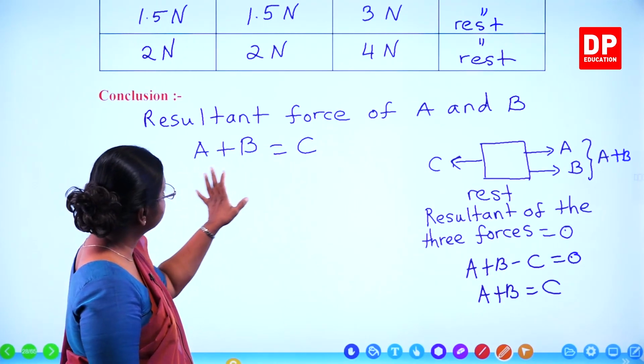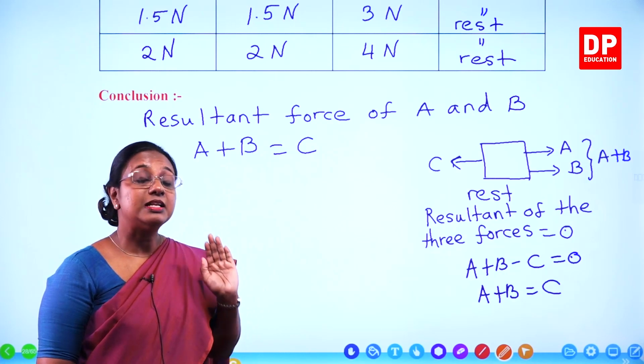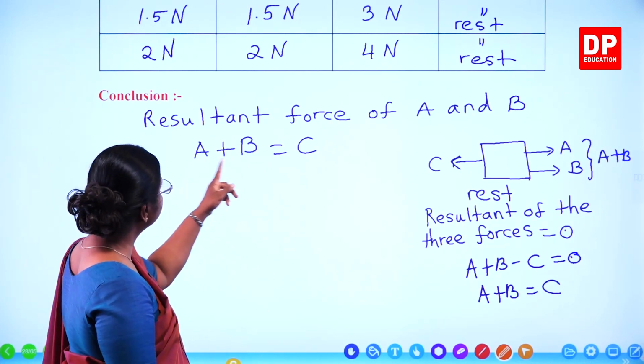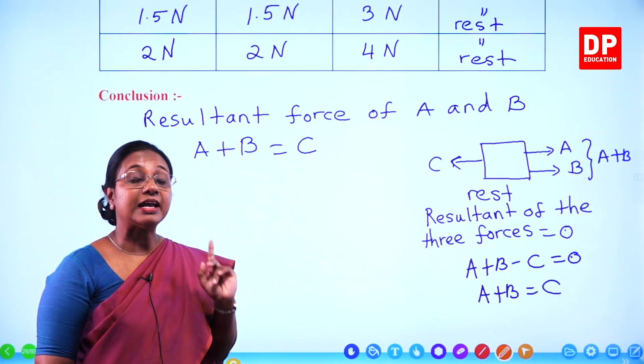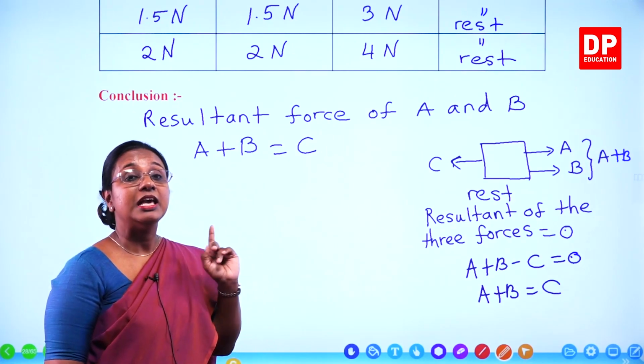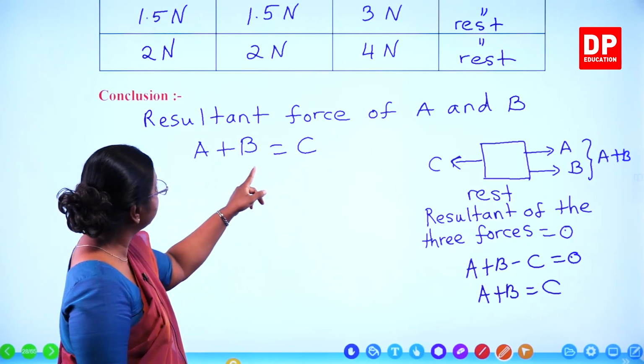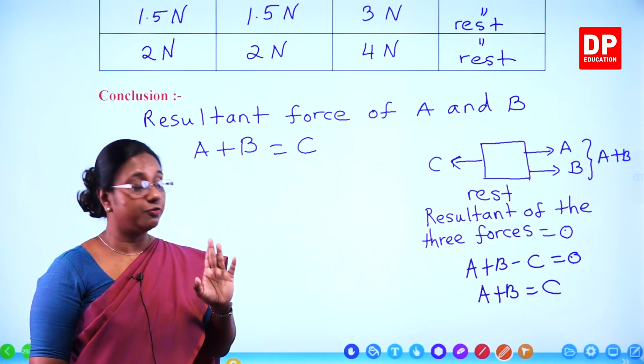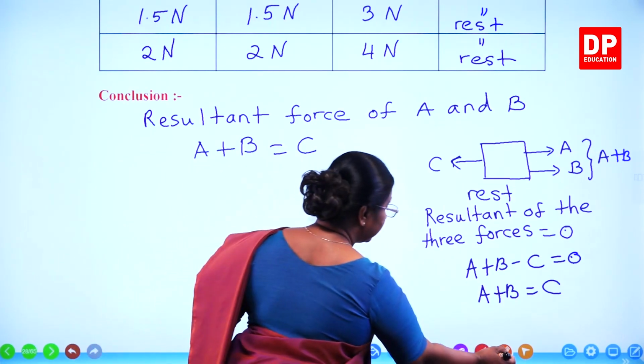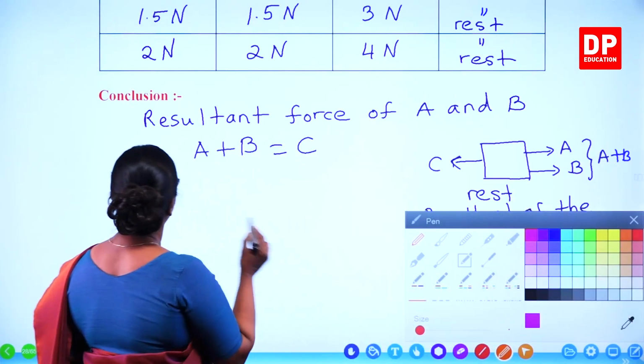So this is what we have received here. From this, you can confirm that the resultant of the two parallel forces A and B acting in the same direction is the sum of the two individual forces. That is the conclusion you can get from here.